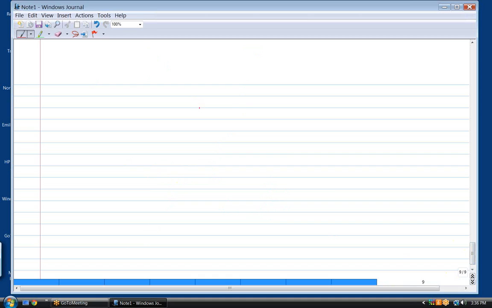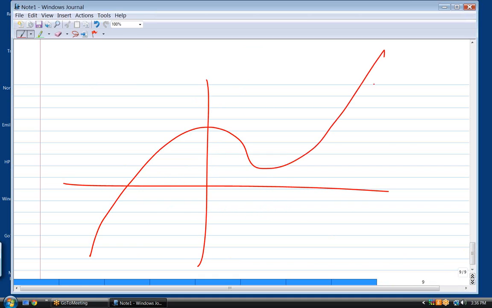Let's take this function. That has a local maximum right here, and it has a local minimum right there. Notice what is similar about those 2 points. The slope of the tangent line is 0.